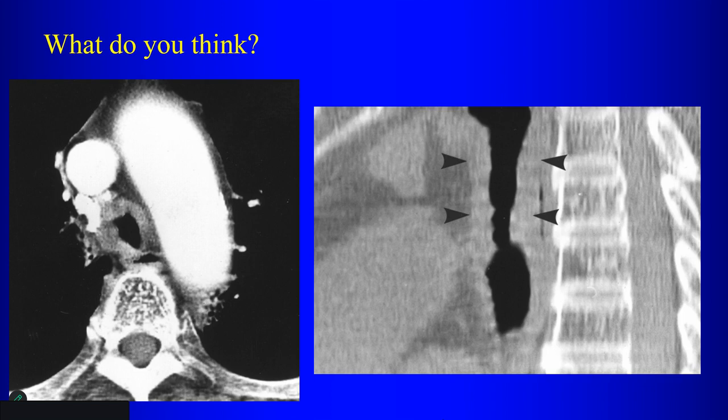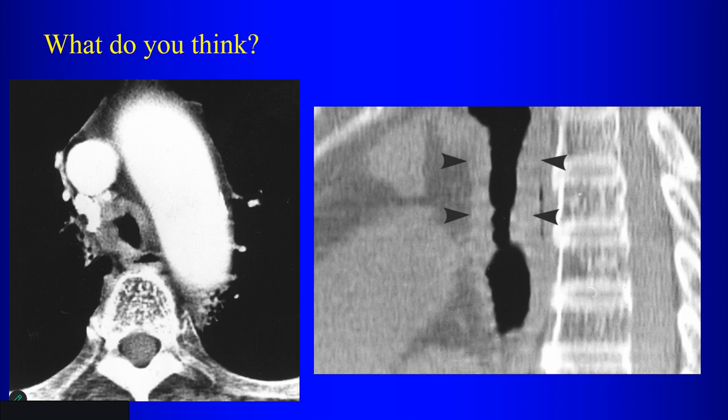Does it involve the posterior wall? Yes, this does involve the posterior wall. Also, you have circumferential tracheal wall thickening. A common cause of circumferential tracheal wall thickening could be inflammation, right? So inflammatory diseases like GPA, Wegener's, right? GPA can do that.